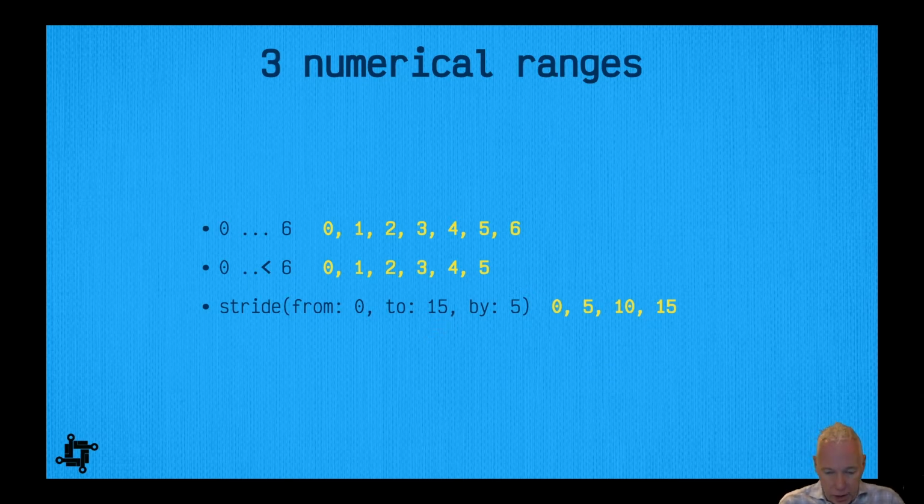So it'd be very much like having a 0 here and a 15 here. But notice this is incrementing by 1, and that's the default. So for stride, we can actually change the by to be by a different value. So by saying 0 to 15 by 5, we actually have a range that goes 0, 5, 10, and 15. So this is a way we're going to specify the values that are going to be used in our loop on each iteration of the loop.